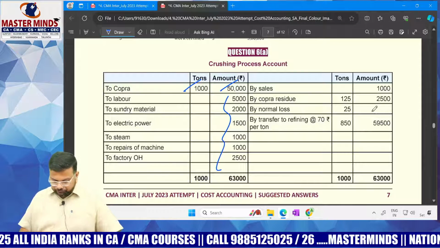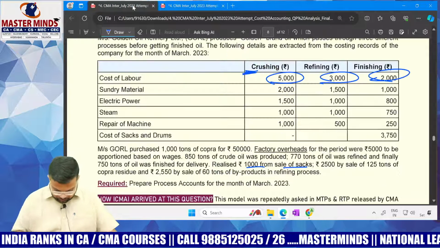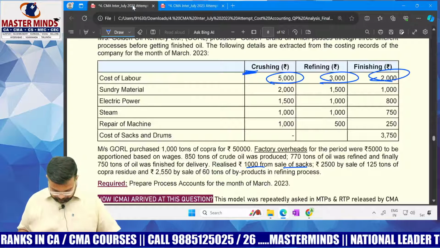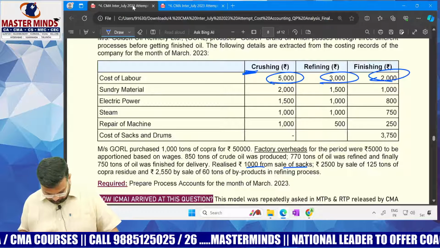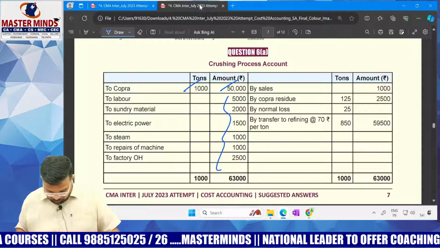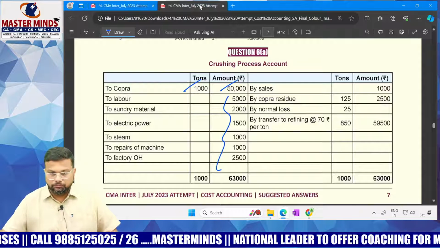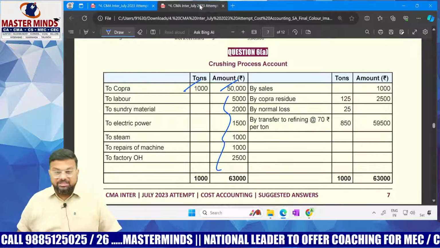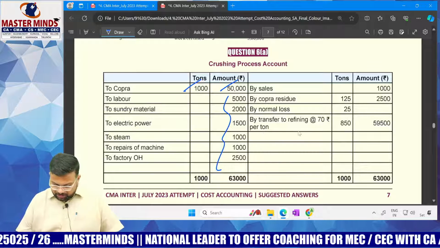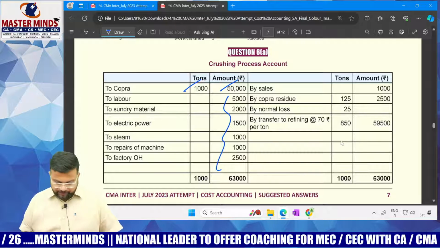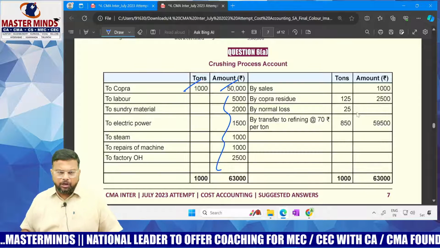Next, copra residue, that is the waste. Normal loss, that is there. Next, balance is nothing but refining, 850. The ledger will automatically balance it out.